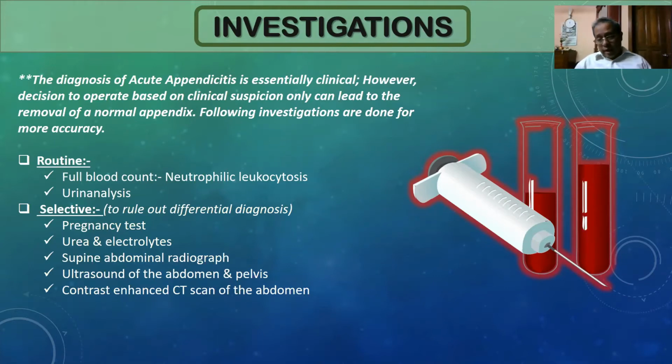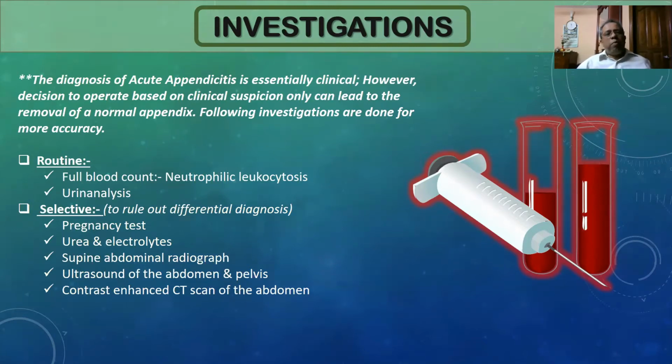You can diagnose appendicitis clinically, but after the operation the appendix may be normal. The following investigations can be done for more accuracy, to exclude your differential diagnosis and more confirmatory of diagnosis.